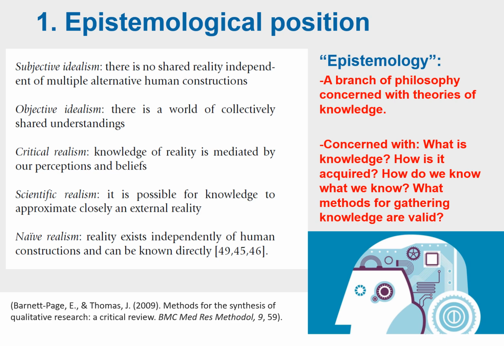So this kind of perspective takes a highly constructivist view of knowledge, the idea that all knowledge is socially constructed. On the far other end of the spectrum, we have a position that could be understood as naive realism. So here, the view is that reality exists independently of human constructions and that it can be known directly.